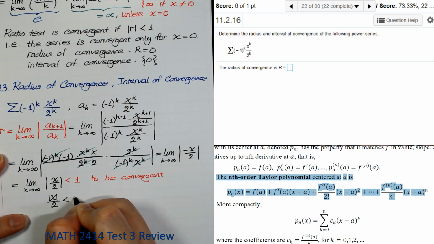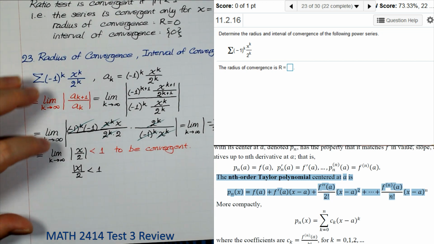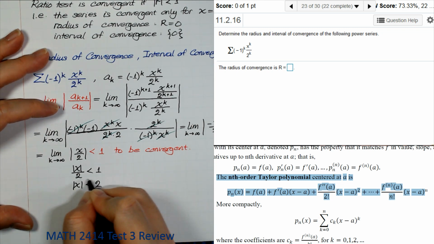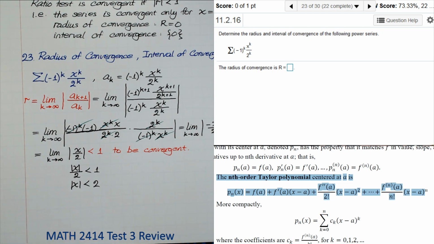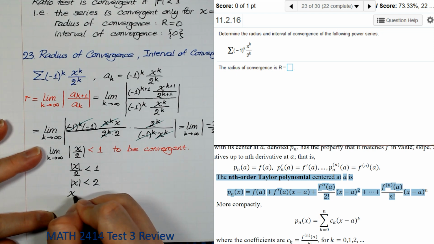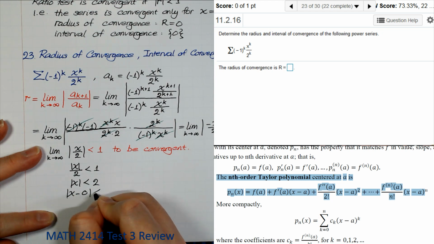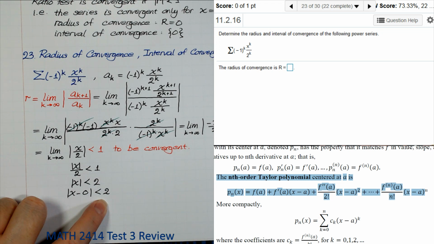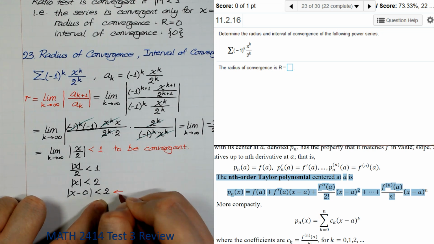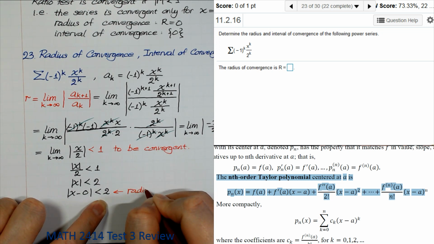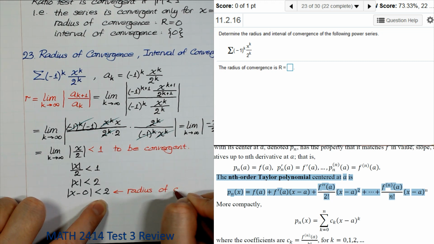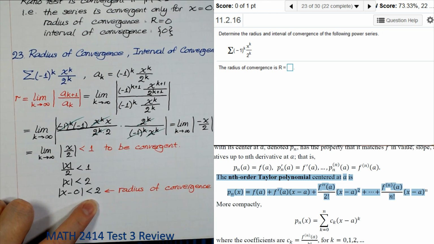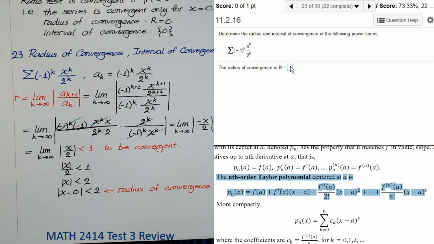Multiply 2 on both sides. |x| less than 2. So with that, we can write x minus 0. So the center is at 0 and the radius of convergence is 2.